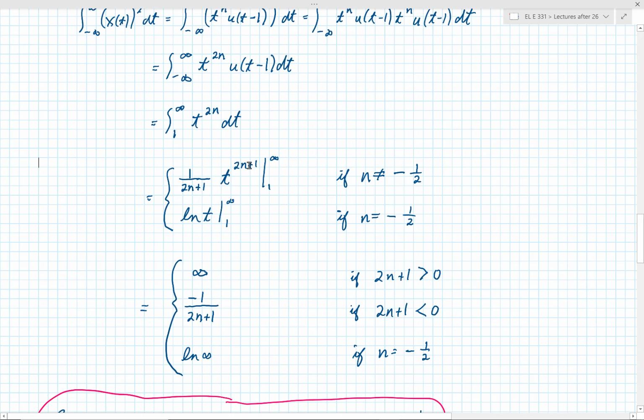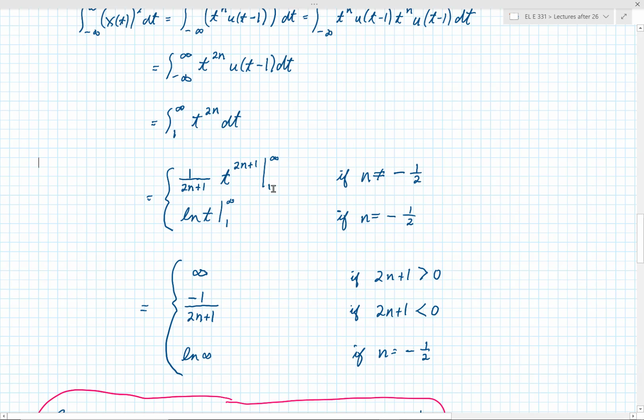Because if 2n plus 1 is positive, then infinity raised to a positive power gives us infinity. So that's why we have infinity if 2n plus 1 is greater than 0. But on the other hand, if 2n plus 1 is less than 0, then we have t raised to a negative power. And so when we raise infinity to a negative power, we're going to get 0 at the upper limit. At the lower limit, we're always going to get 1.